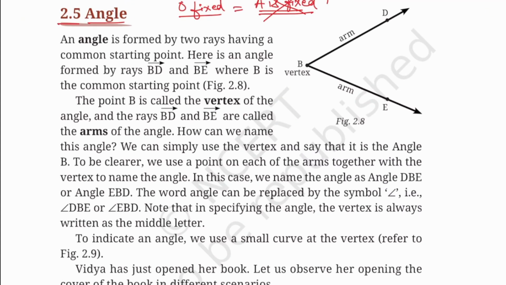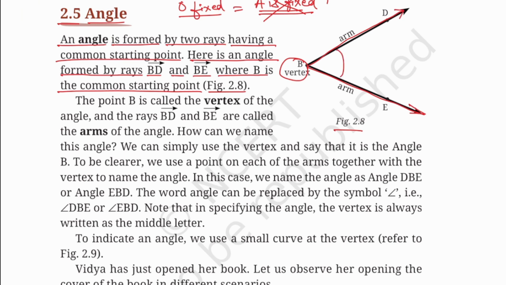2.5 Angle. An angle is formed by two rays having a common starting point. Here is an angle formed by rays BD and BE, where B is the common starting point. Figure 2.8. You can see a common starting point of two rays, that is ray BE and BD.